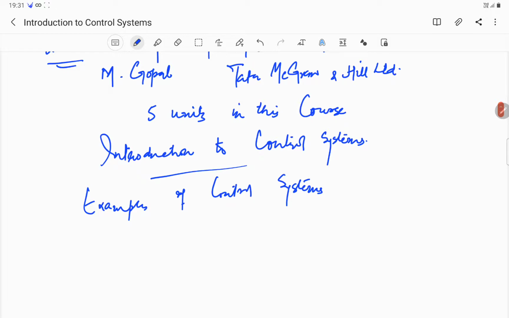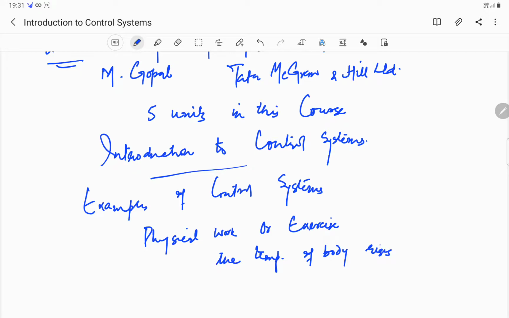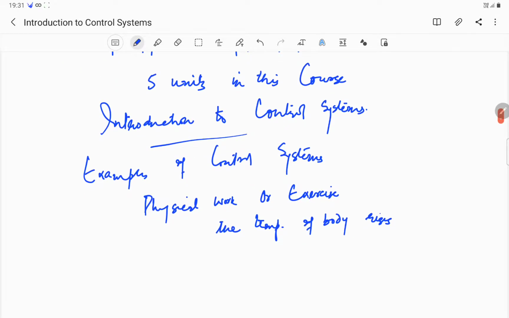Say, for example, when we do some physical work or a strenuous exercise, the temperature of the body rises. And in response to this, the body produces sweat. This sweat on evaporation produces cooling.